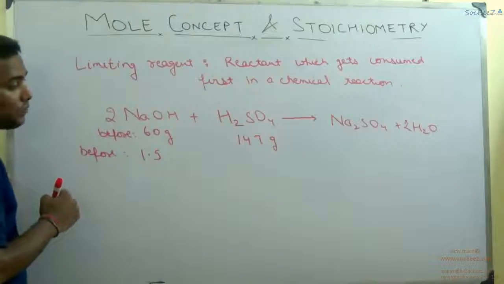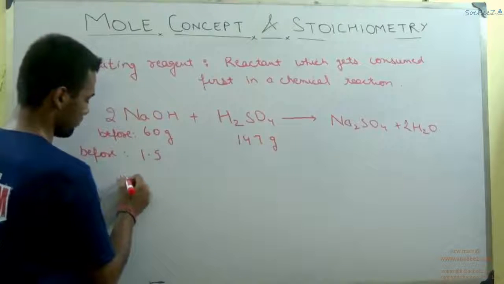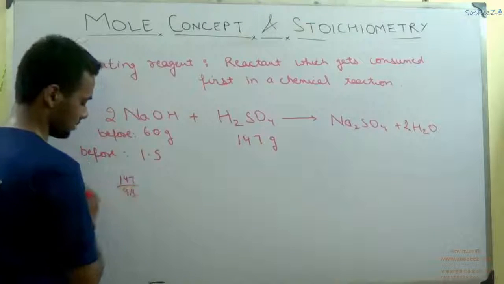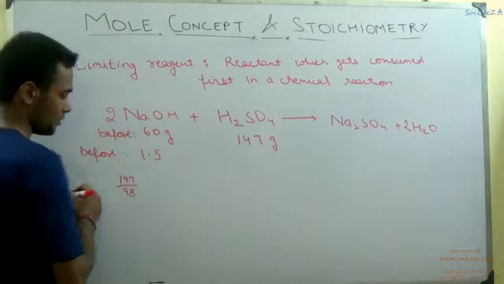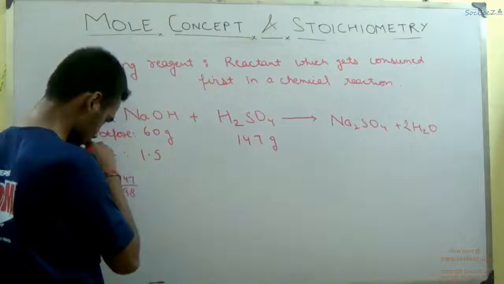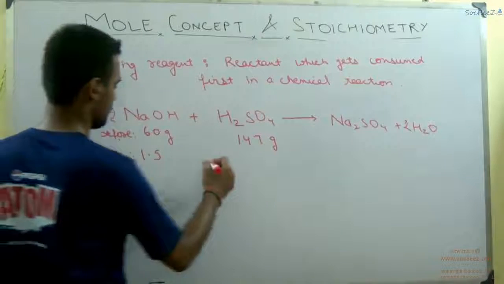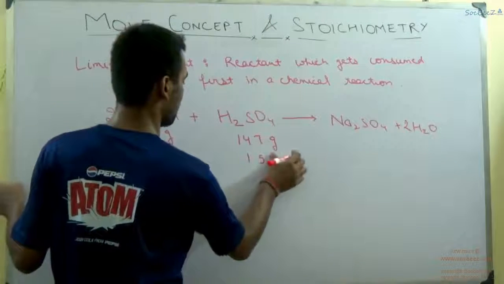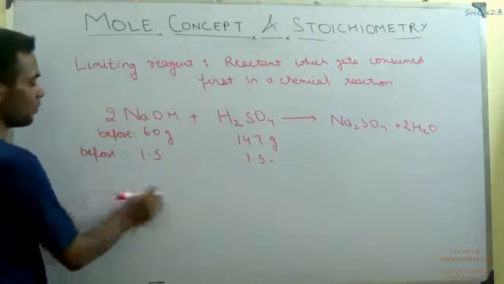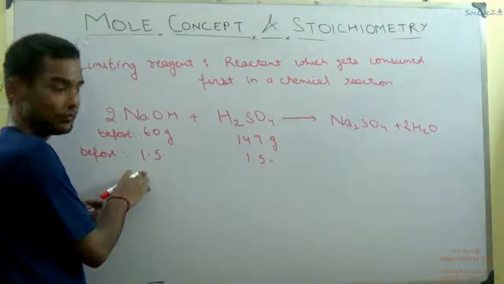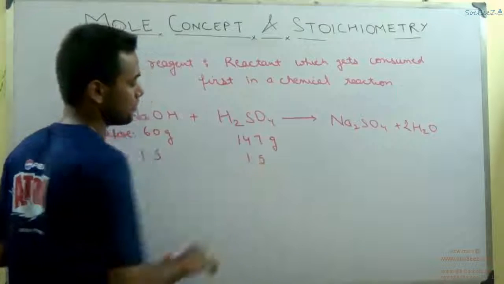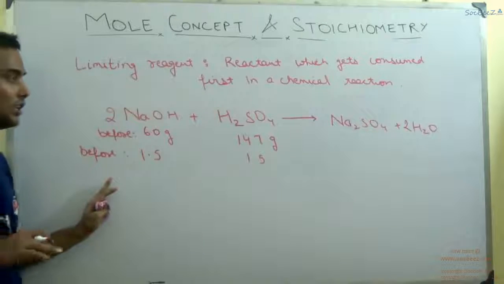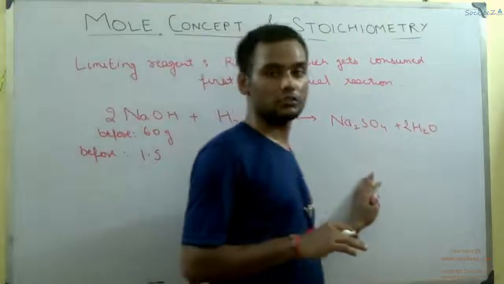And the number of moles of H2SO4 present will be 147 divided by 98, which is also 1.5 moles. So 1.5 mole of NaOH and 1.5 mole of H2SO4 are present at the start of this chemical reaction. Now, how much amount of Na2SO4 will be formed?